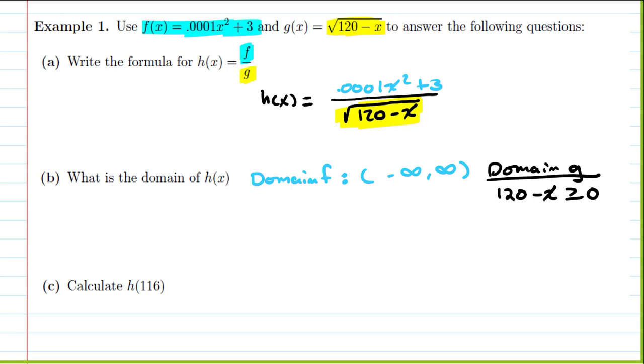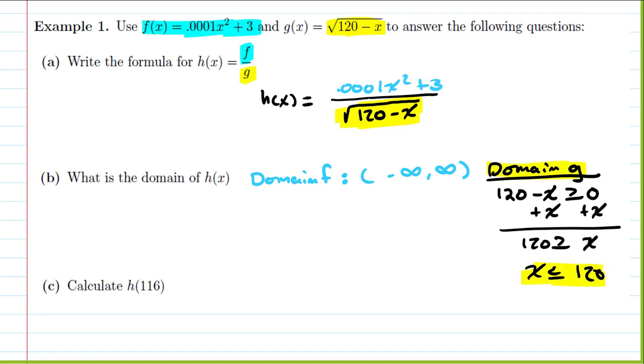So the radicand, 120 minus x, has to be greater than or equal to 0. So we add x, and that gives us 120 is greater than or equal to x, or turning it around the other way, x has to be less than or equal to 120. So that's going to be my domain of g.